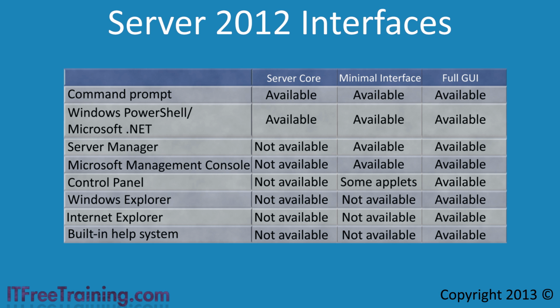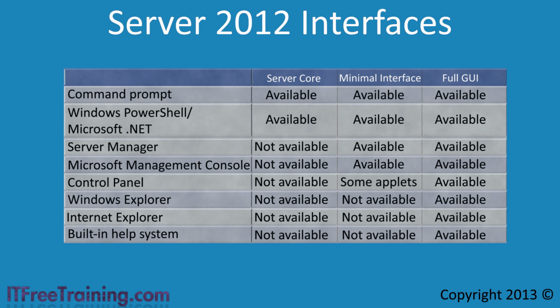This will not give you access to the control panel itself, only some applets in the control panel. If you want to access everything in the control panel, you will need the full interface. Lastly, if you want features like Windows Explorer, Internet Explorer, and the built-in help system, you will need the full GUI interface.